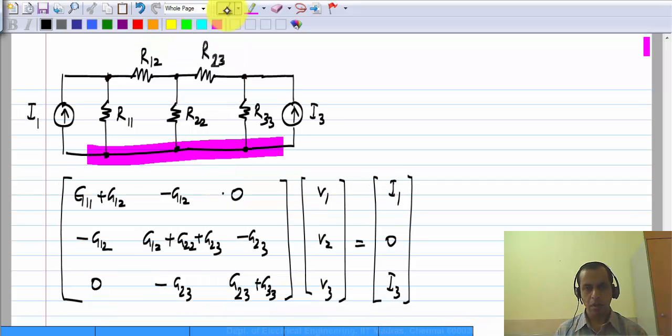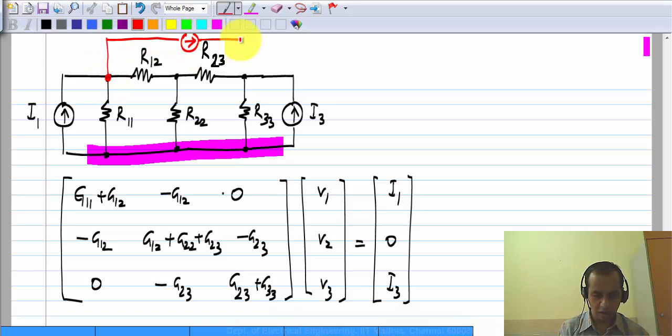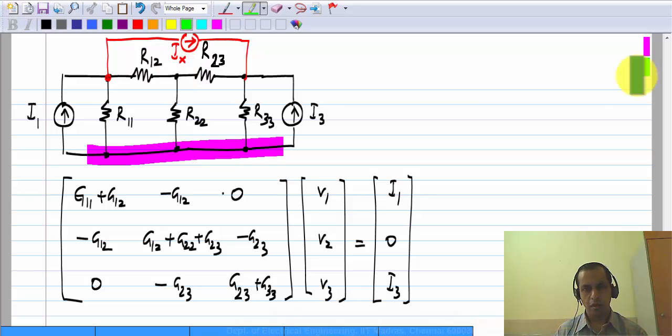Now let's look at another change. Let me add a current source Ix between nodes 1 and 3 in this direction.